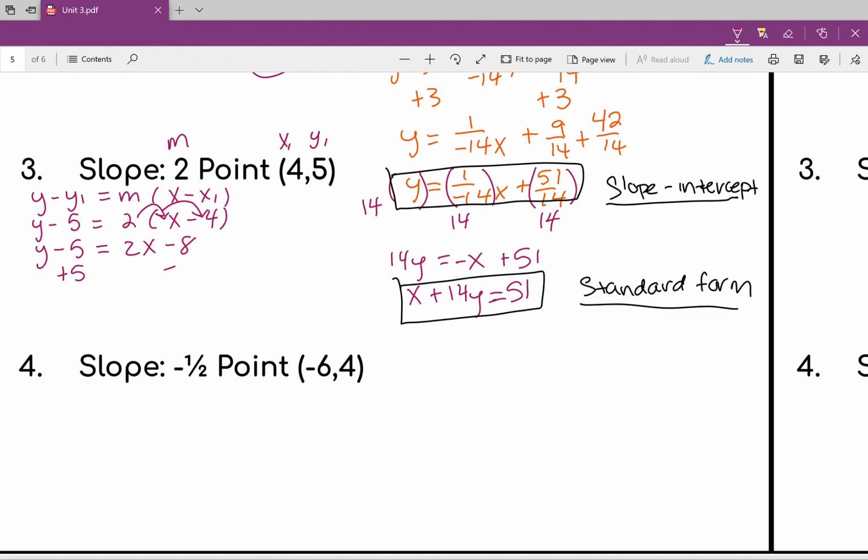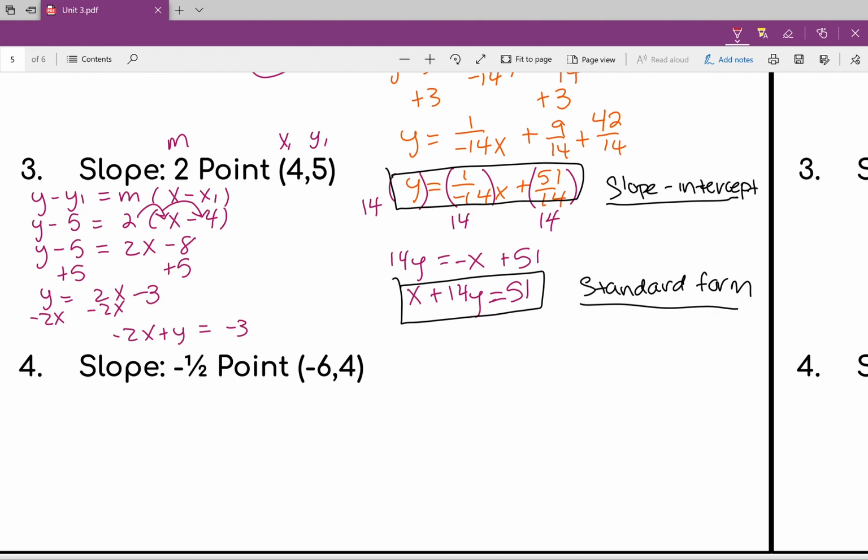Add 5 to both sides. I get y equals 2x plus, minus 3. Okay? Then to move the x's to the same side as the y's, minus 2x minus 2x, I get negative 2x plus y equals -3.